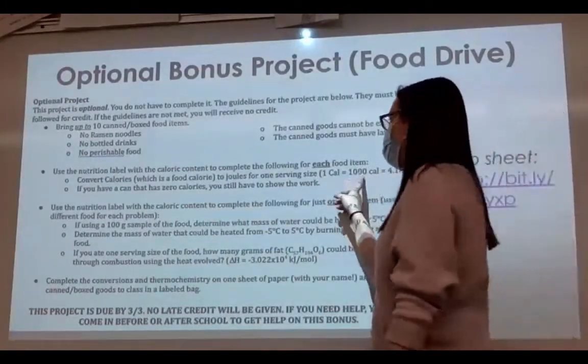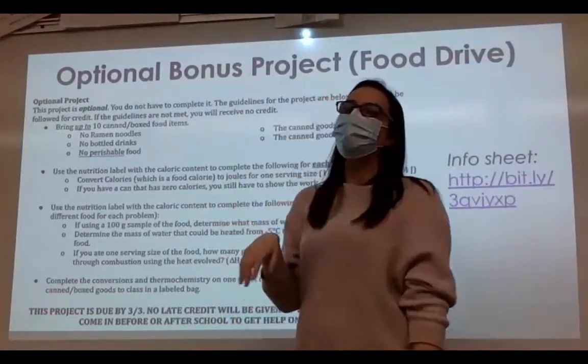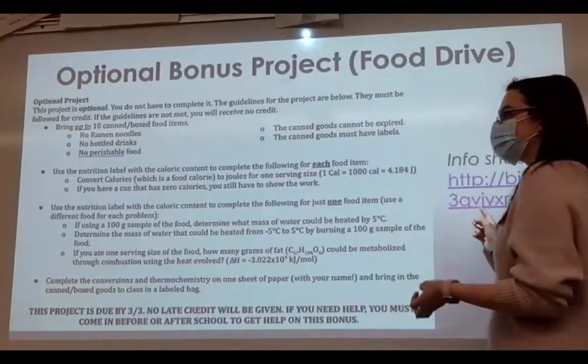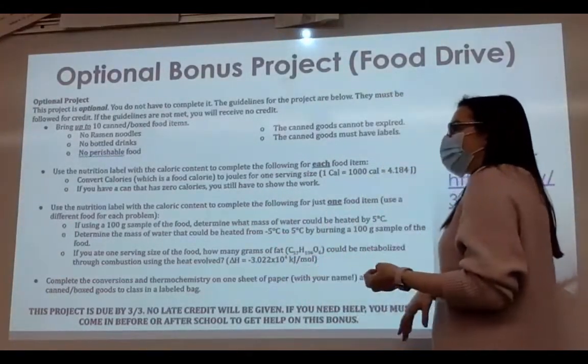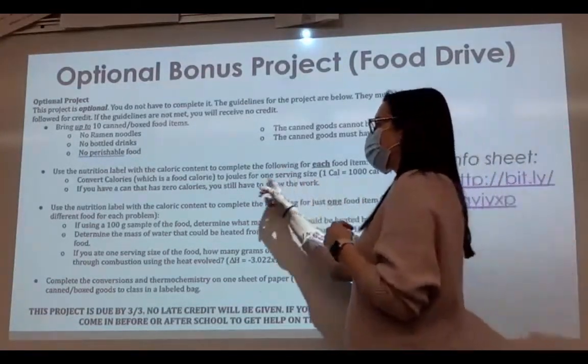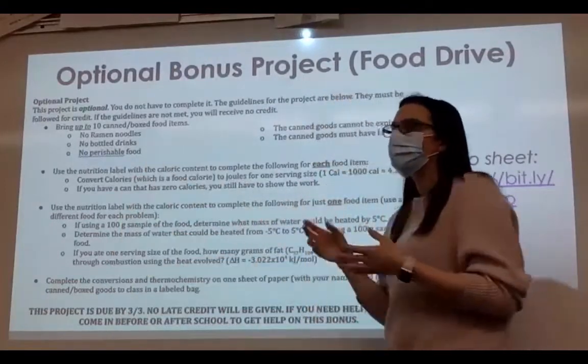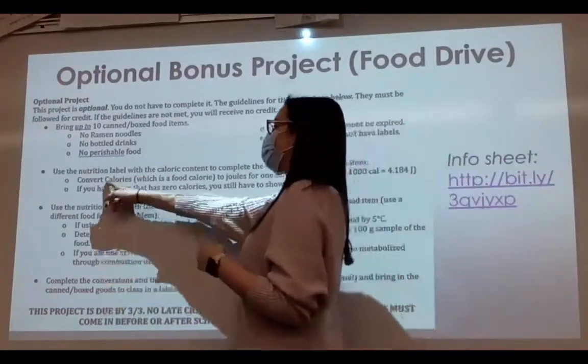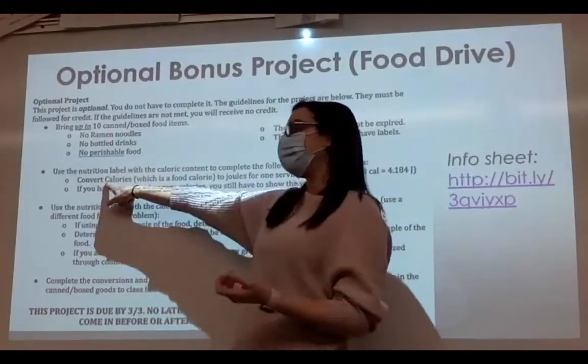So for the first one, for each food item, so you bring in mac and cheese, chicken noodle soup, tomato soup, I don't know, green beans. For each one of those items, you need to do a quick conversion. Convert calories. So notice the capital C, that's a food calorie, which is a kilocalorie.